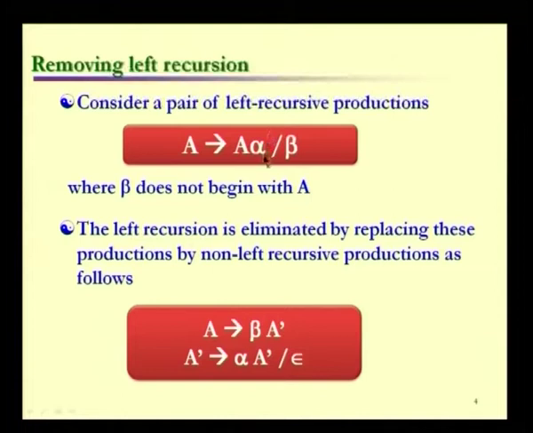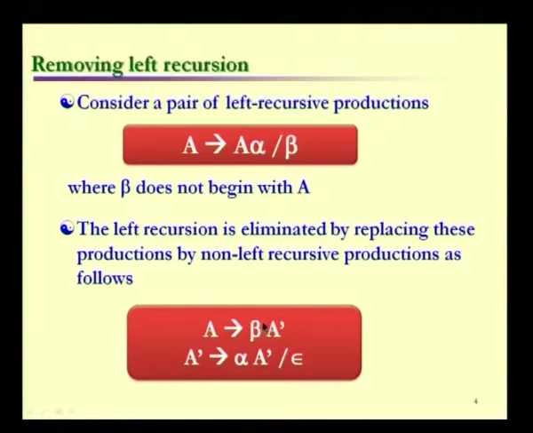But we know that it is going to be beta followed by any number of alphas, and that is the entire collection of strings generated by this grammar. So, we need a connectivity, so that beta followed by as many alphas as we want is the output. For that connectivity we will introduce A prime, A dash, as part of the right hand side, and this is going to be a new variable. We cannot leave this as it is, because if you leave it as it is, then the grammar becomes once again an invalid grammar.